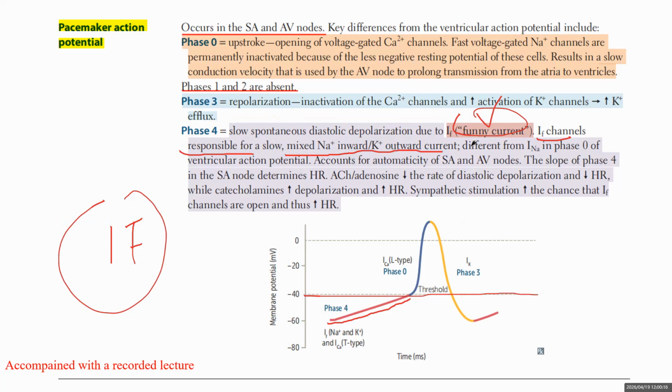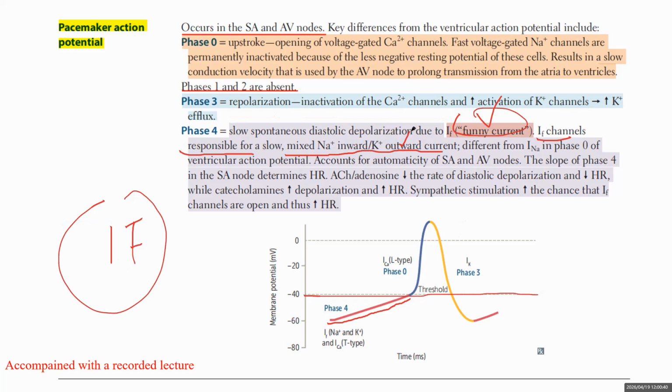Why is it called funny? It behaves differently from many other channels. These channels open during hyperpolarization and allow a very slow net inward positive current. So this current is mainly due to the slow entry of sodium, while also having some contribution related to potassium outward movement. That's why it is considered the funny current.